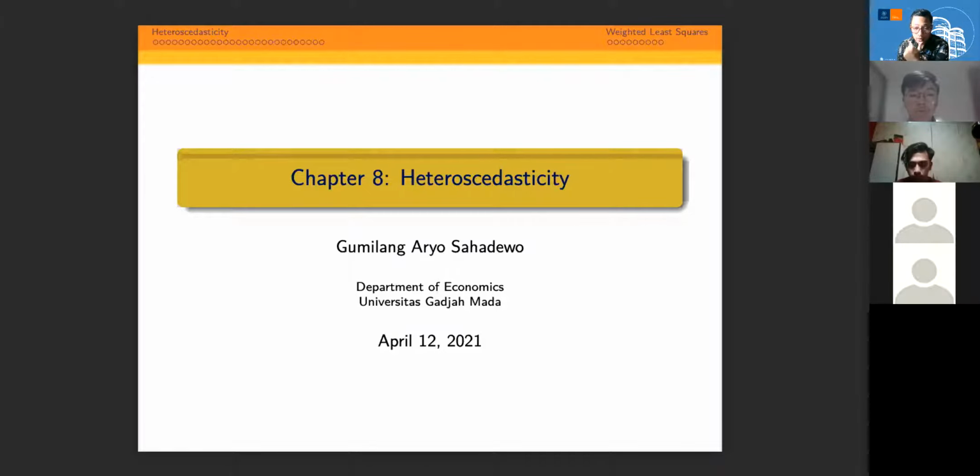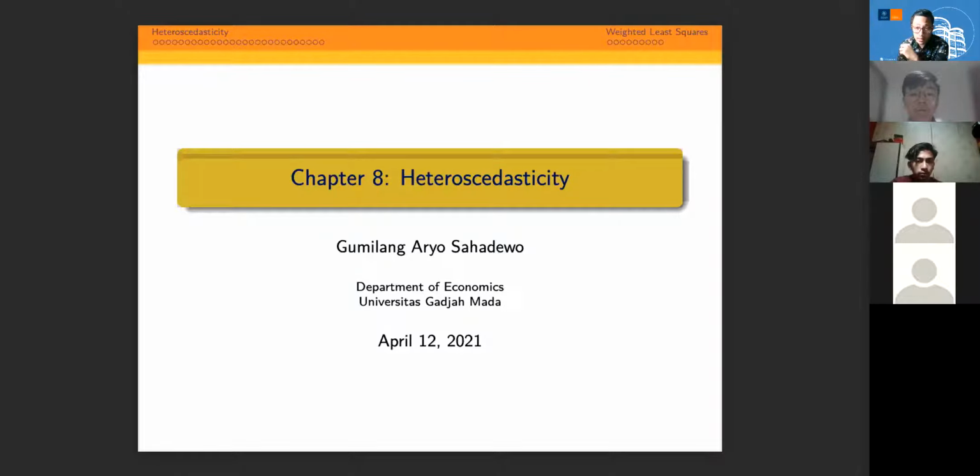So we're going to learn about weighted least squares as well. I'm also going to provide you with some examples in Stata so that you can do informal graphical analysis to identify heteroskedasticity, and you'll also be able to do formal tests of heteroskedasticity. And then later on, you'll be able to do weighted least squares regression. So that's the agenda for today.